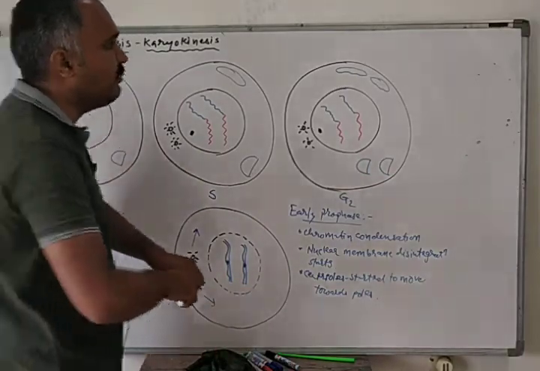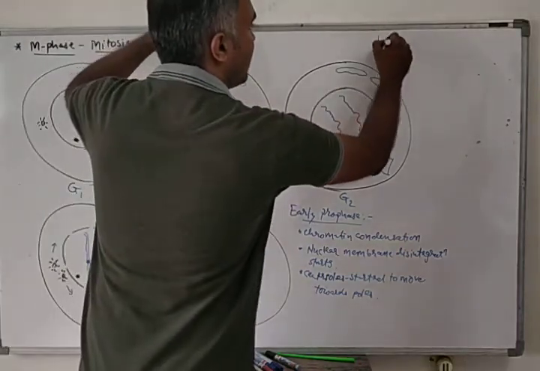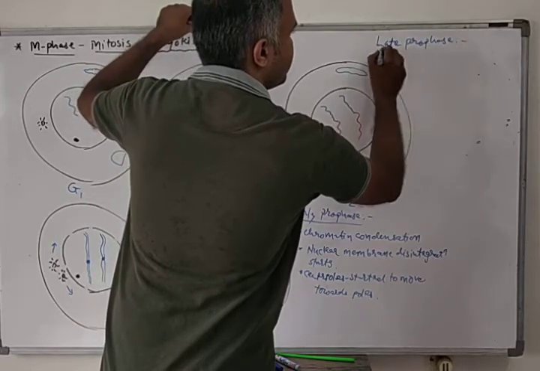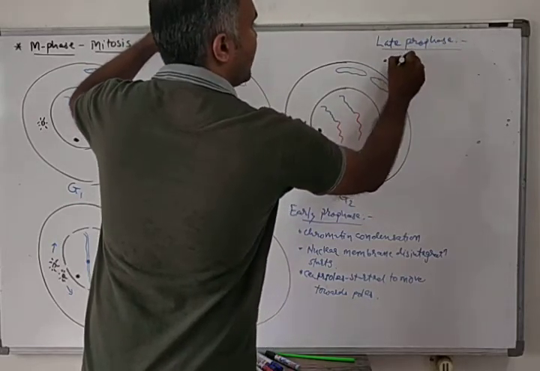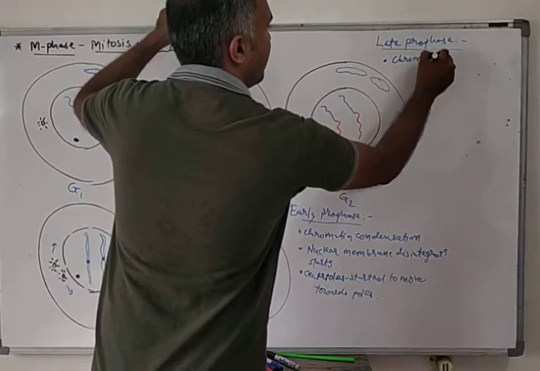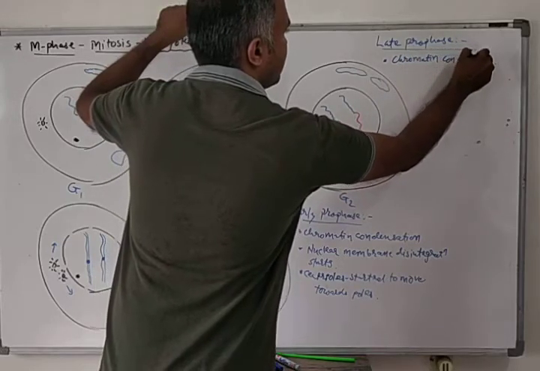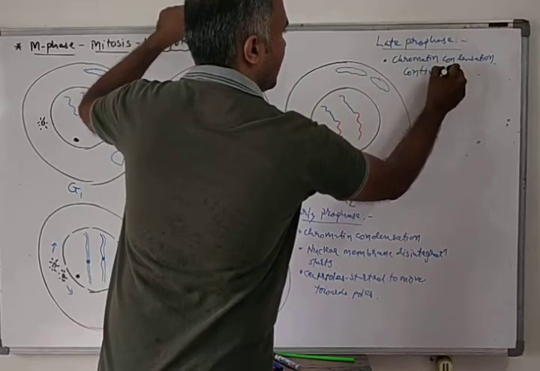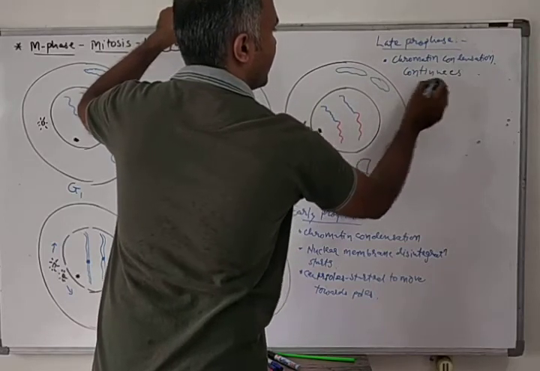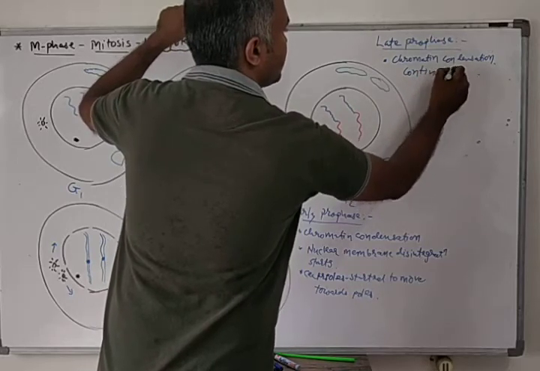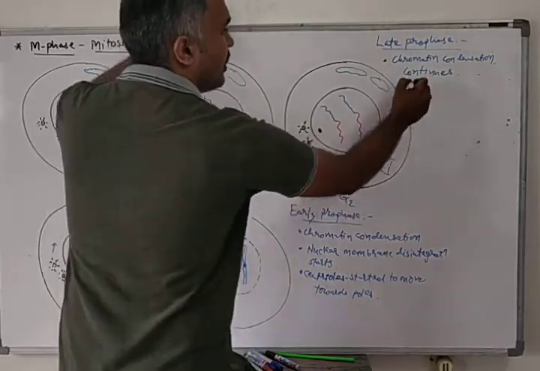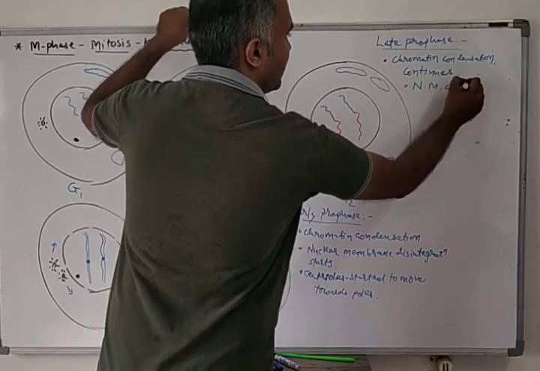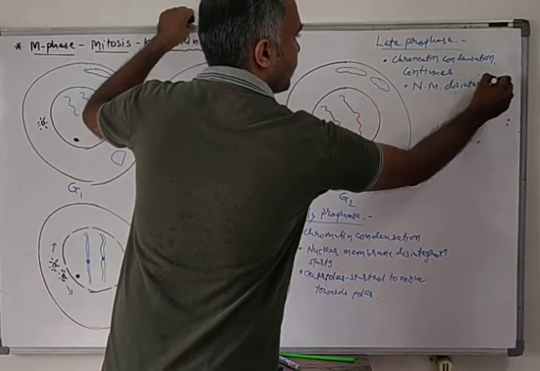So what are the key features of late prophase? Chromatin condensation continues. Nuclear membrane disintegrates further.